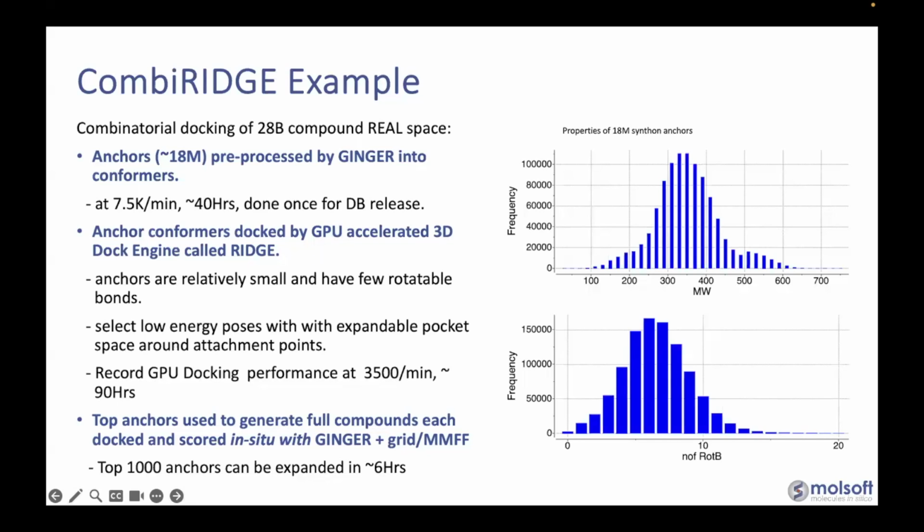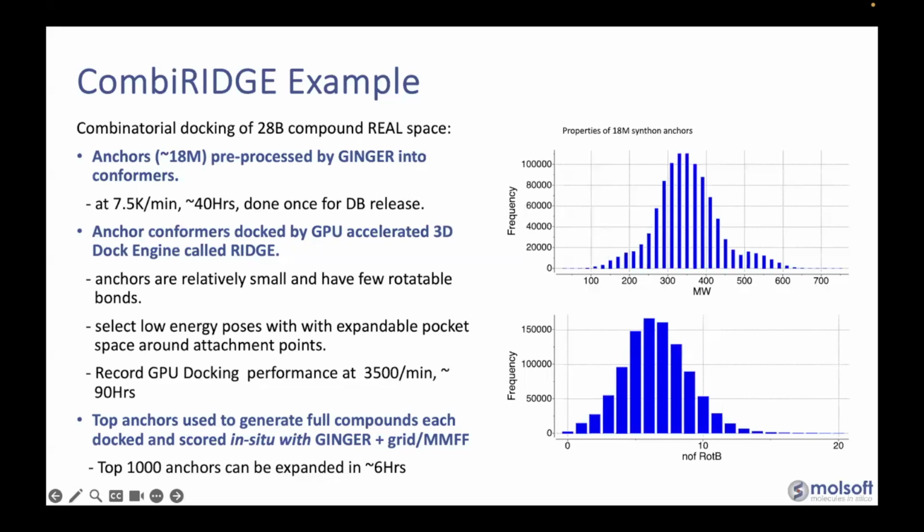We pre-processed that using Ginger into the conformers. And just to give you an idea of the time for that, at a throughput of about 7,500 conformers per minute, this pre-processing step takes approximately 40 hours. But this only needs to be done once. And these are available for download also.